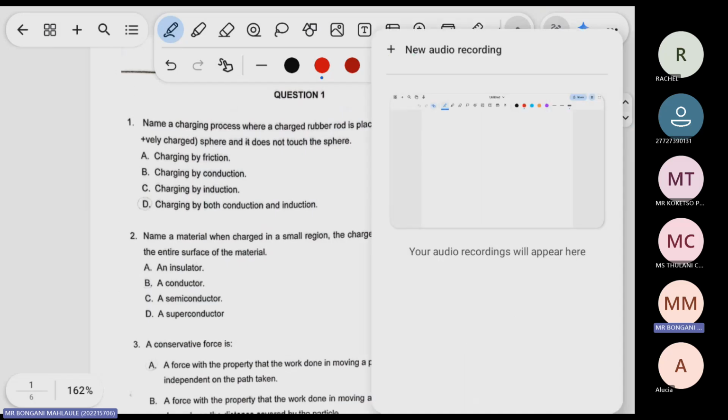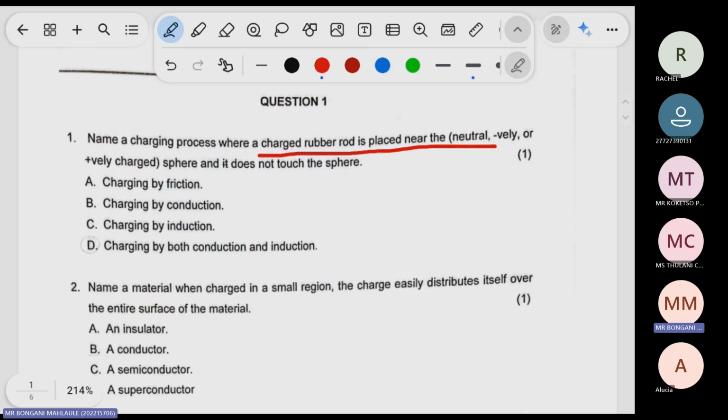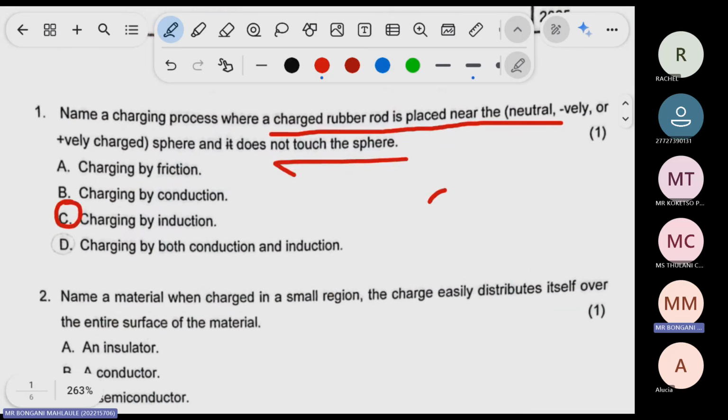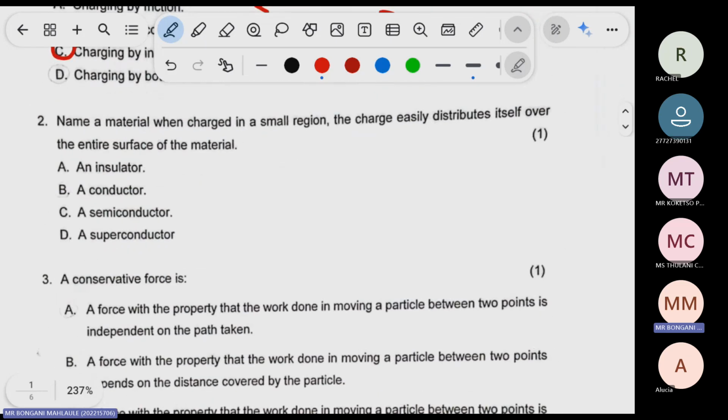So can you guys try answering this? Name a charging process where a charged rubber is placed near a sphere and it does not touch the sphere. So the answer here was letter C, because what they are saying is not touch. You see that theory is very important.